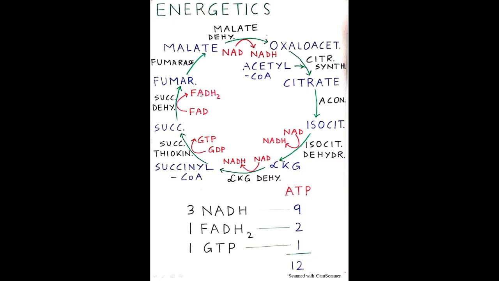From 1 FADH2 in this reaction we get 2 ATPs in the respiratory chain, and in this reaction we get 1 GTP or ATP. So in total, by one turn of Krebs cycle we get 12 ATPs.